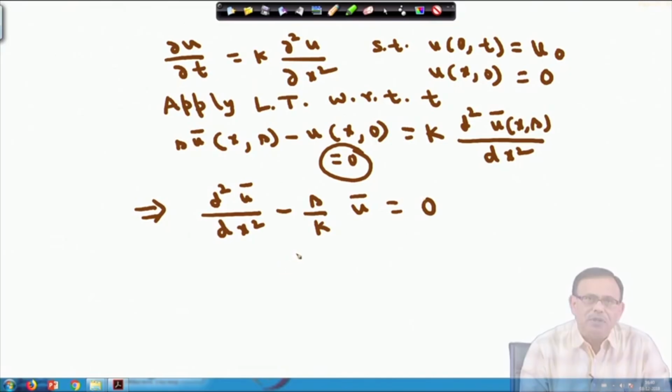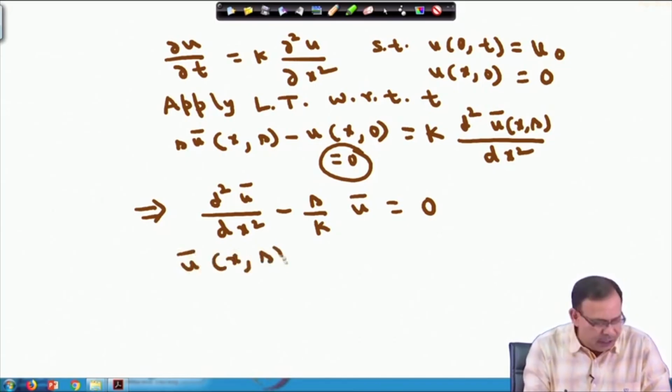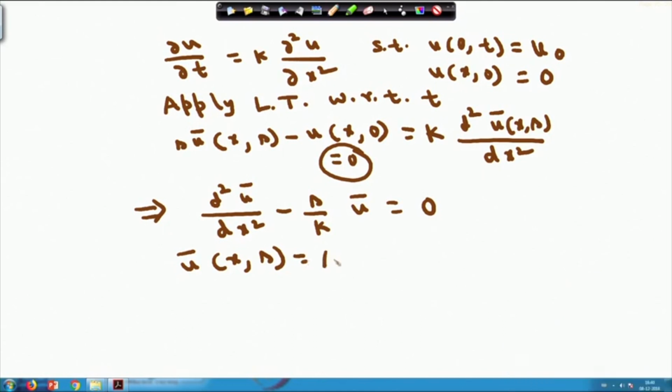So, the solution of this ordinary differential equation can be obtained very easily: m square minus s by k equals 0, so m will be plus root over s by k and minus root over s by k. So, u bar, which is a function of x and s, equals a into e power root over s by k into x plus b into e power minus root over s by k into x.